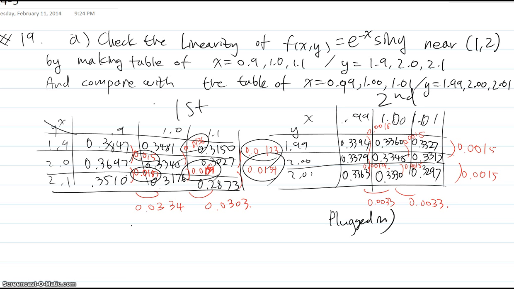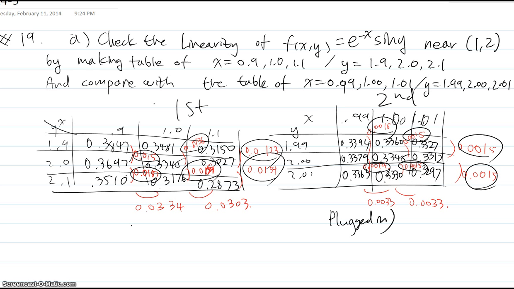Given x equals 0.99, for any change of y by 0.01, I always got differences of 0.0015 here, and 0.0014, which differ in the fourth decimal place, but that is really subtle, by 0.0001.